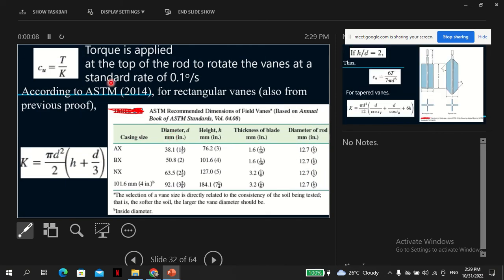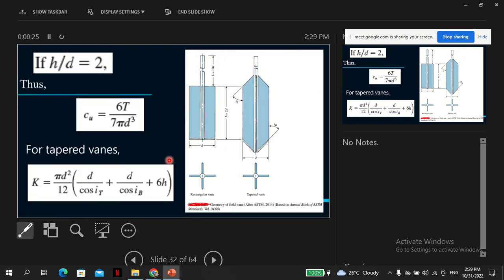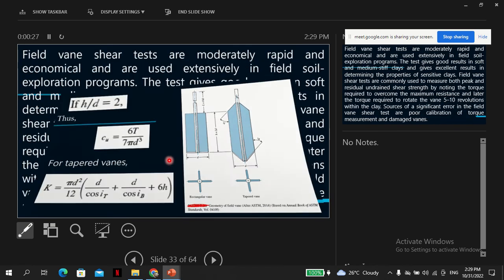So, okay, these are standard values from the US. These are standard ratios of the depth or the height in inches or in millimeters.